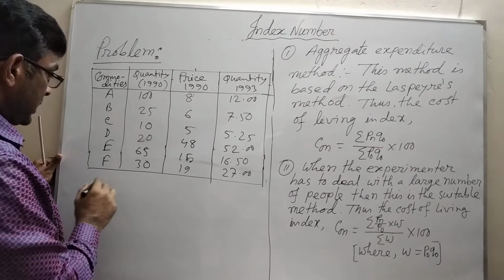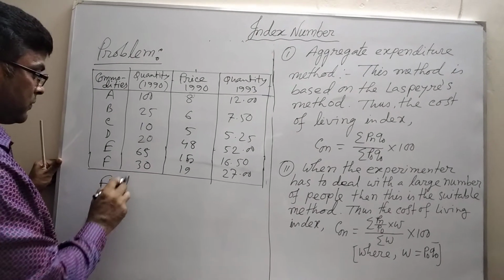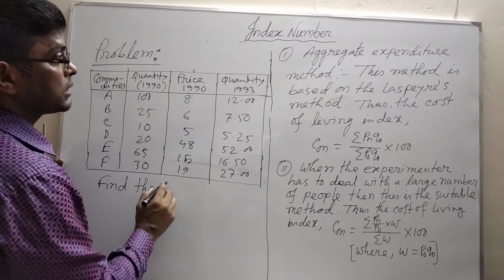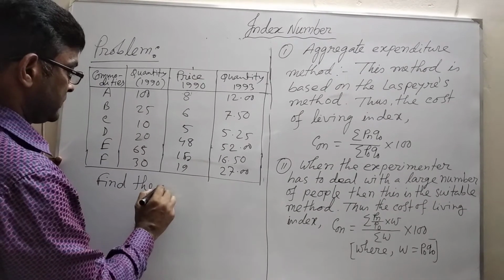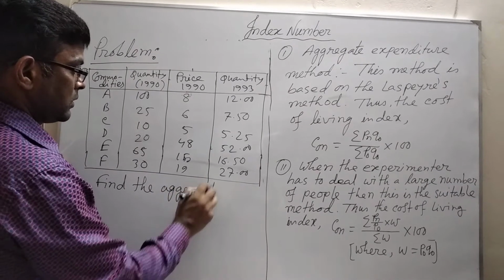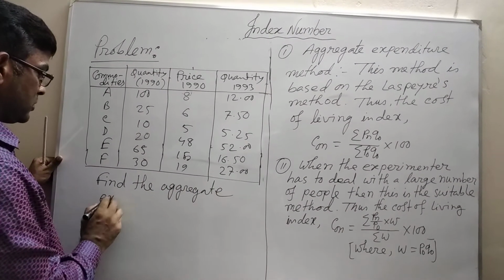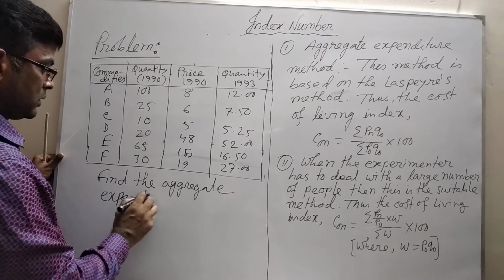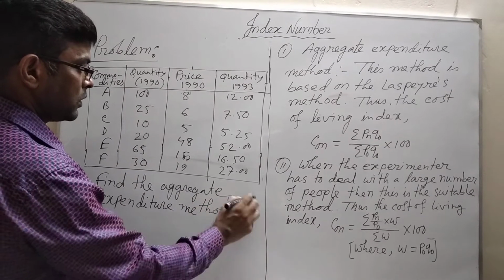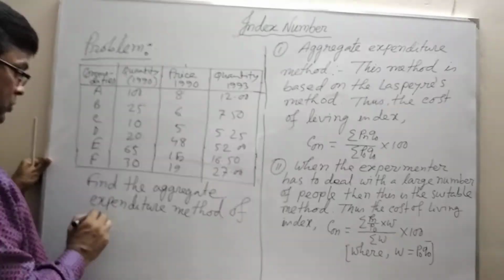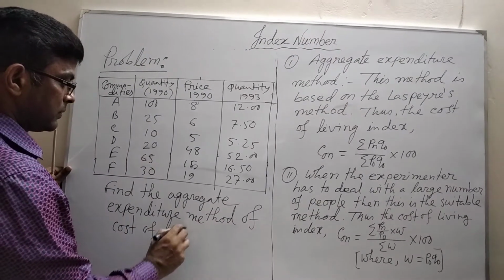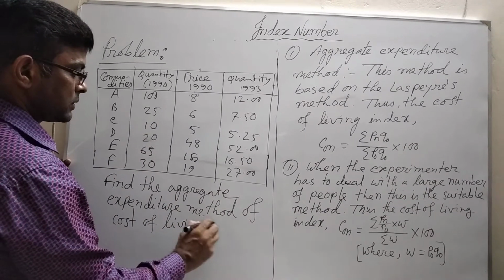We can find the aggregate expenditure method of cost of living index.